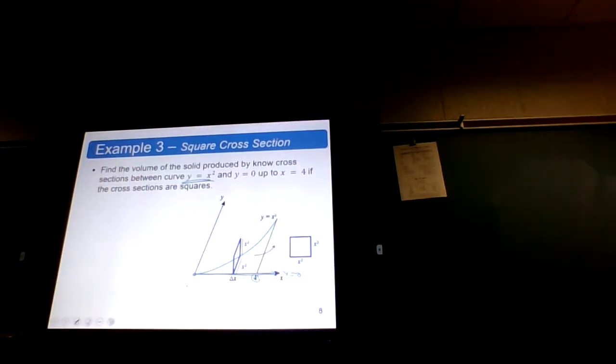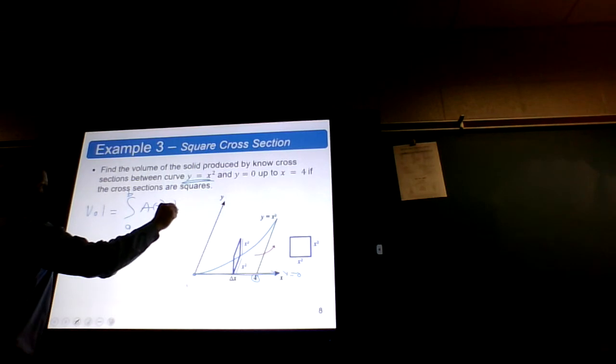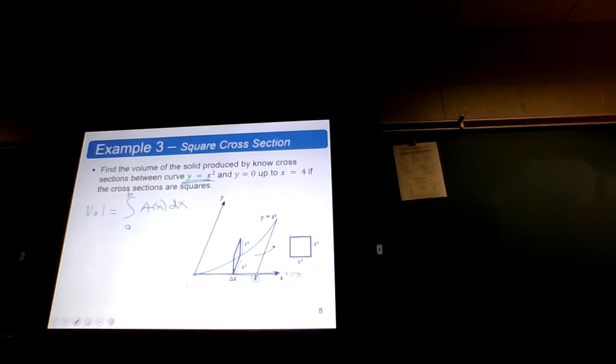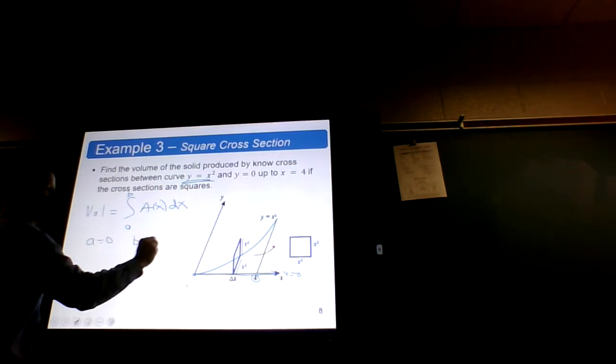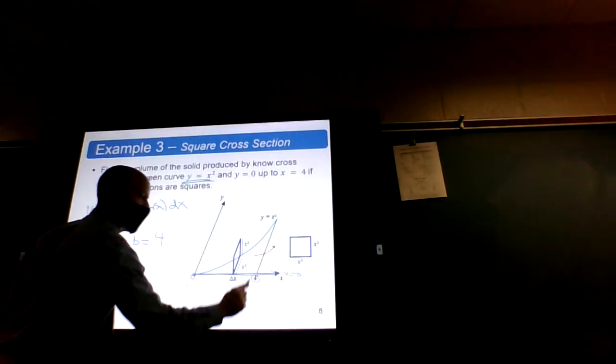Does that make sense? So our formula, again, is volume equals the integral from a to b of our area function dx. The easy part of all of these, I think, is finding a and b. Would you agree? What's a here? It's 0. What's b? It's 4. Guys, we're integrating with respect to the x-axis. Where are we starting? 0. Where are we ending? 4.